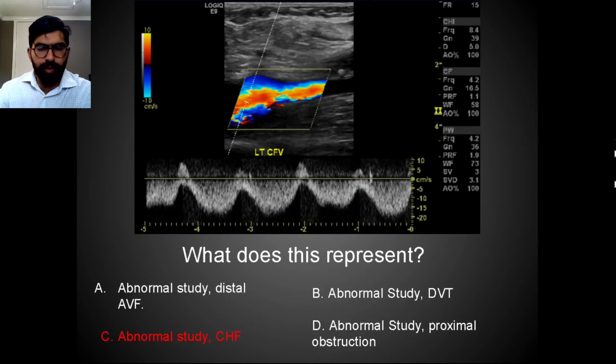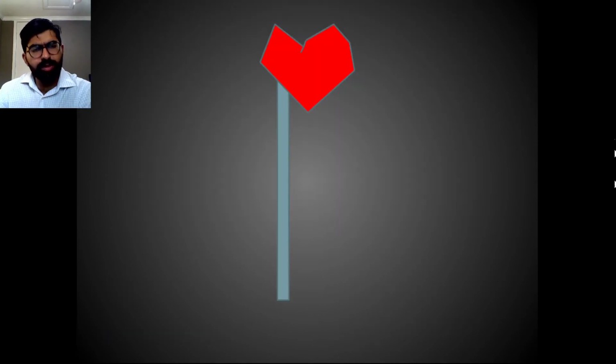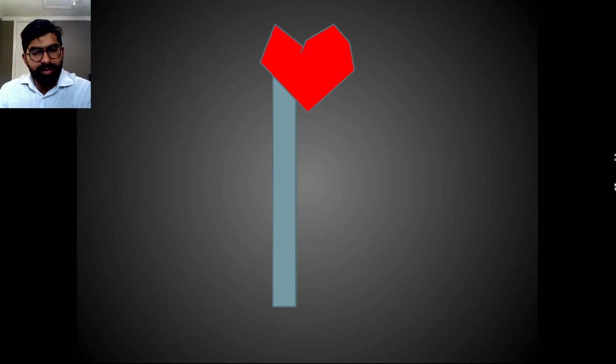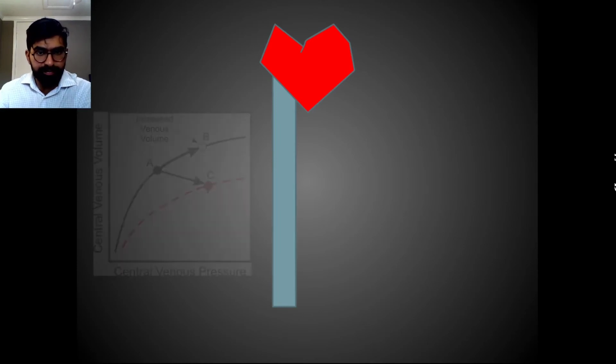But let's look at the actual waveforms. So specifically, when you think about congestive heart failure, if you imagine that the venous return to the heart is essentially a cylinder, a column of volume or blood, in congestive heart failure, your volume is usually increased, and therefore the veins expand and usually get to their maximum capacity.